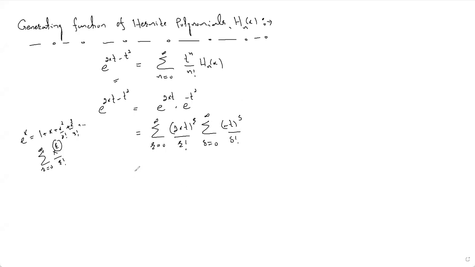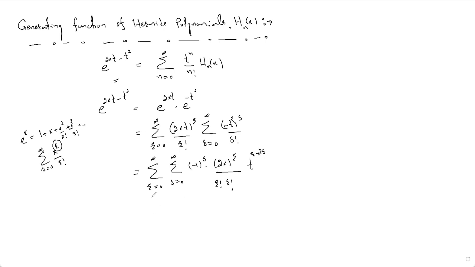Or I can just combine it: the summation r running from 0 to infinity, summation s running from 0 to infinity, of minus 1 raised to power s, 2x raised to power r divided by r factorial into s factorial, then t raised to power r into t raised to power 2s. Sorry, this is t square, so this is t raised to power r plus 2s.